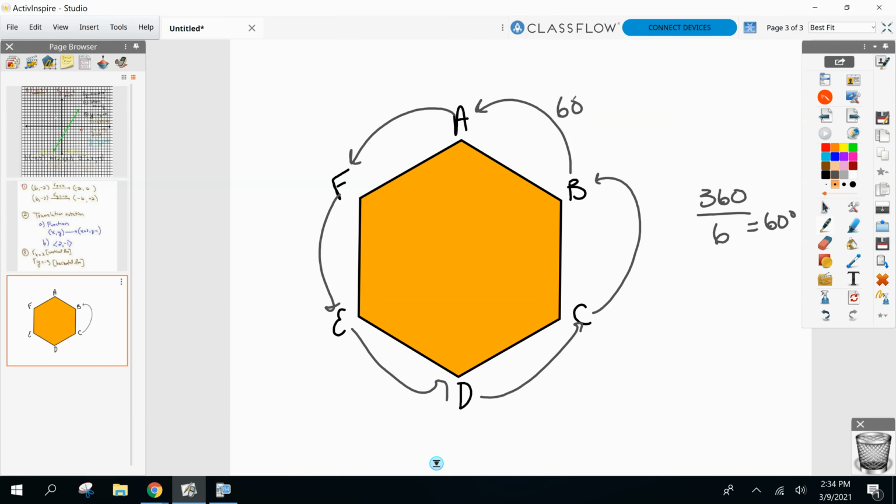So every time I go 60 degrees, I'm going to see the same exact hexagon back in the same exact position. Now, let's say 60 is not an option. Well, I keep going by 60. Is 120 an option? Because that would still work. Is 180 an option? That'll still work. How about 240? That'll still work. 300.